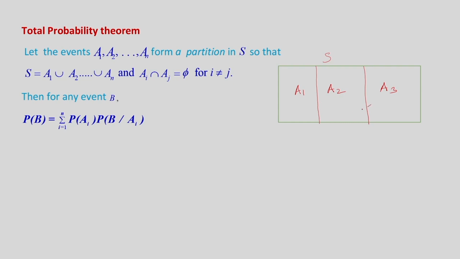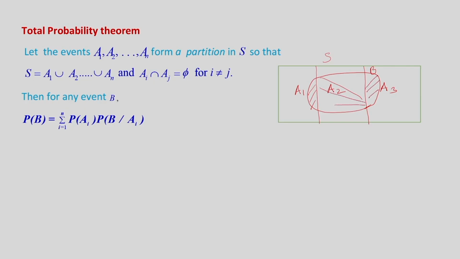Now, consider any event B. This is the event B. The probability of this event B is equal to the sum of the probabilities of its parts.